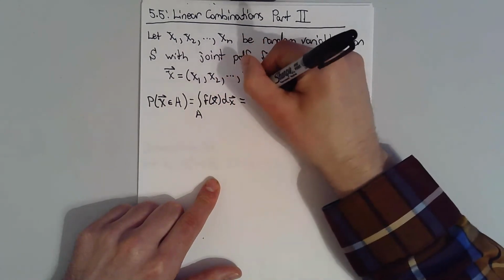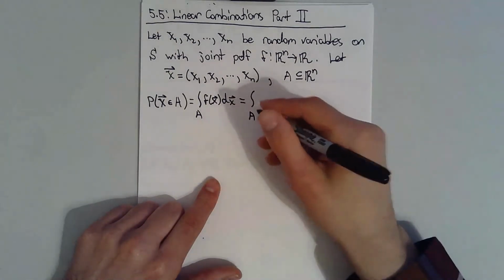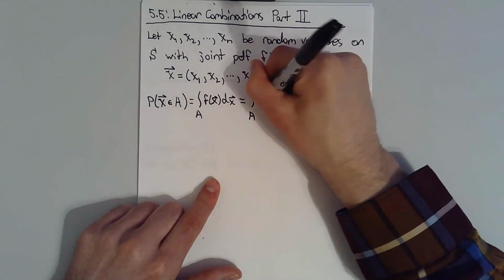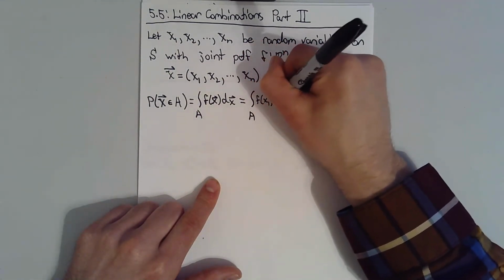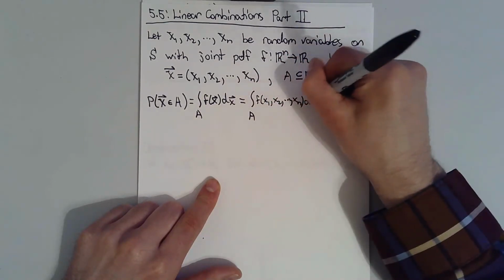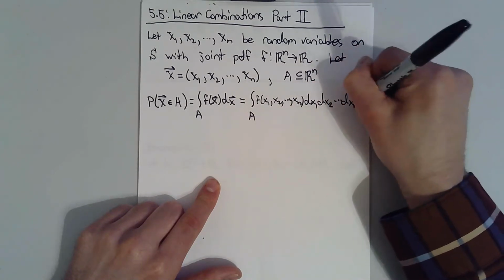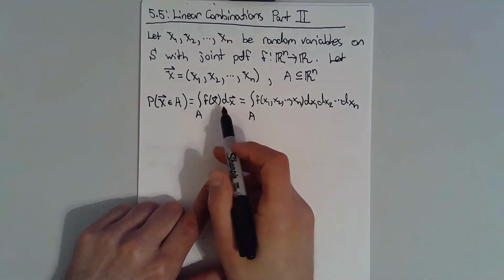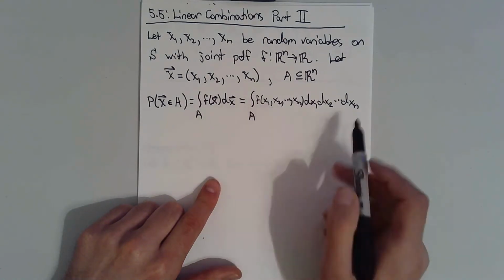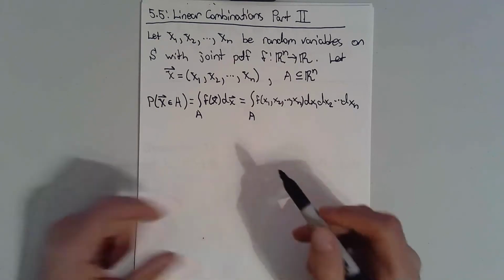And last time we said that this is notation for the n-dimensional integral over A, dx1, dx2, through dxn, looking as follows. So therefore dx is just this differential volume sitting in Rn.